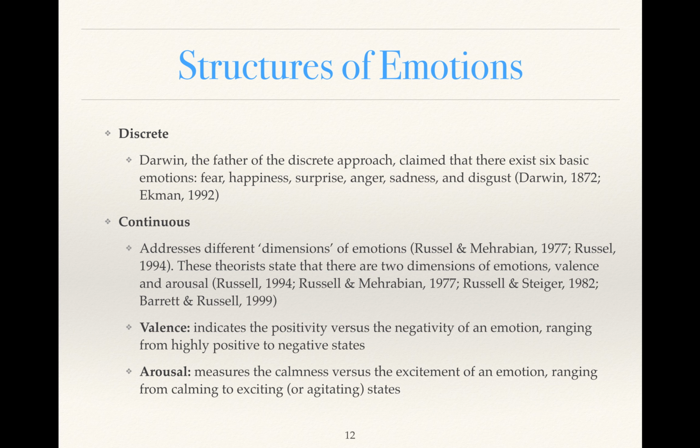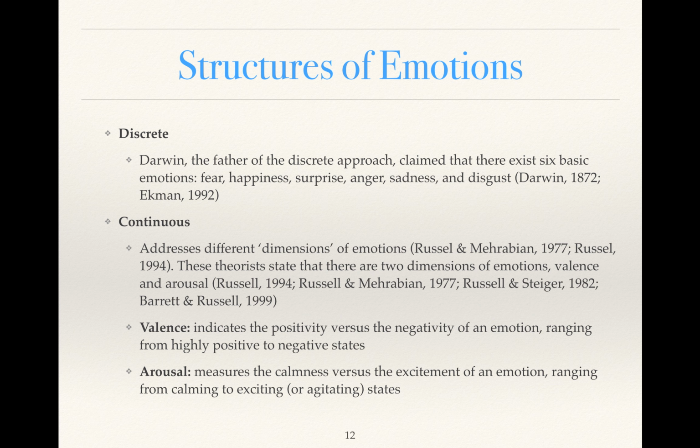Paul Ekman, for example, one of the very famous psychologists who did extensive research around the world, eventually came up with 6 different discrete emotions. For example, fear, happiness, surprise, anger, sadness, and disgust. And basically, what this discipline is saying is that all human emotion consists of these 6 emotions.